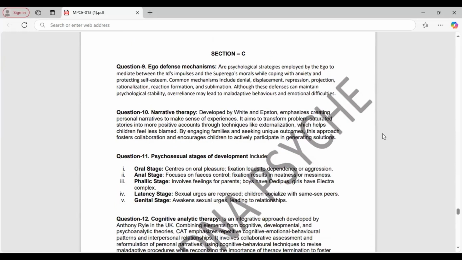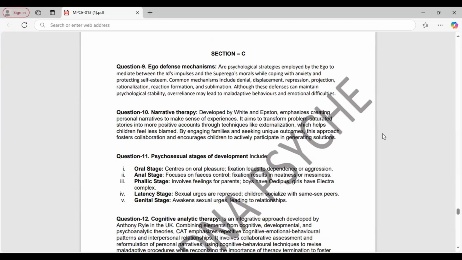Section C, question 9, ego defense mechanism. This mechanism helps mediate between the id's impulses and the superego's morals. Common strategies include denial, repression, displacement, projection, rationalization, reaction formation, and sublimation. These defenses protect self esteem, but overuse can lead to maladaptive behaviors.